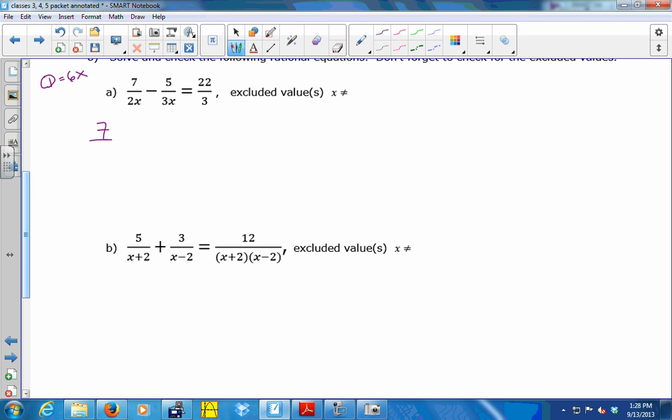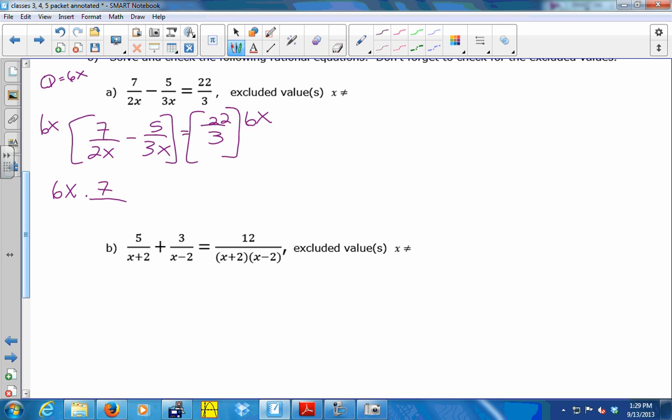So I have 7 over 2x minus 5 over 3x equals 22/3. Multiply both sides by 6x. So on the left, I have to distribute this 6x to both terms. So I end up with 6x times 7 over 2x minus 6x times 5 over 3x.